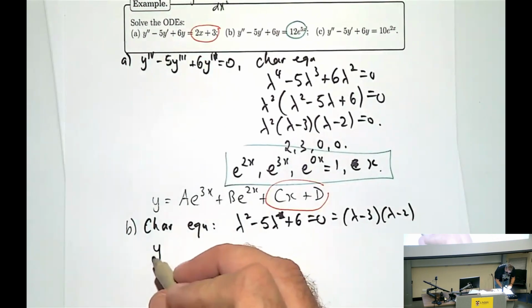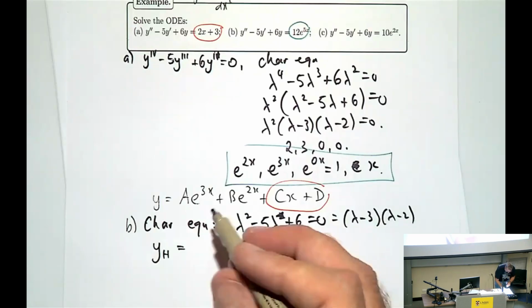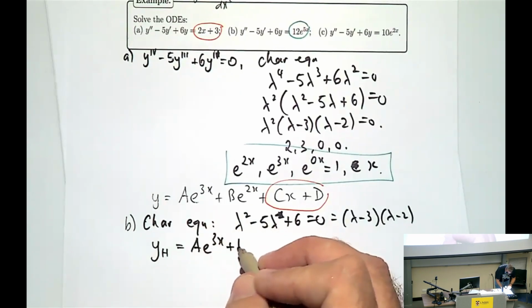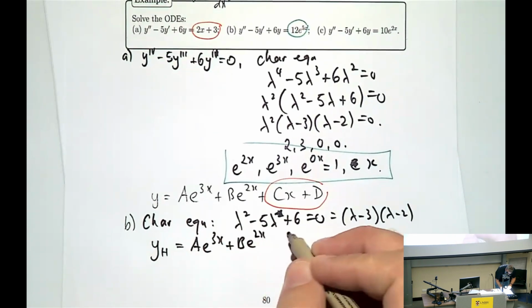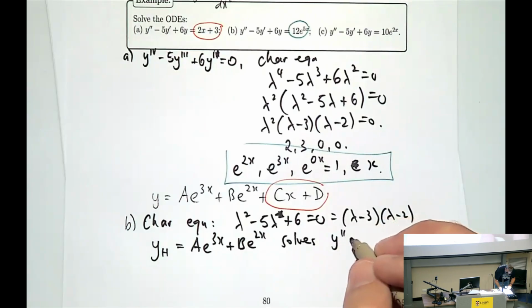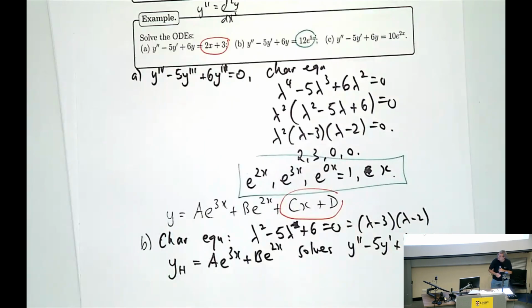So we have the so-called homogeneous solution. That's like half of the solution to the original problem.